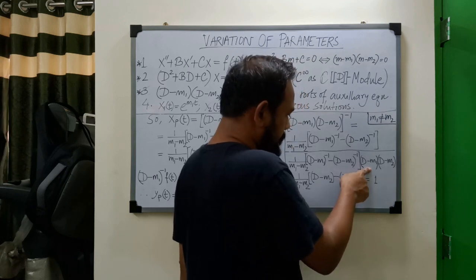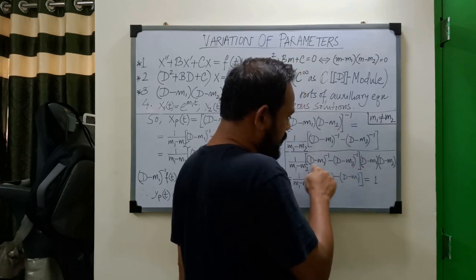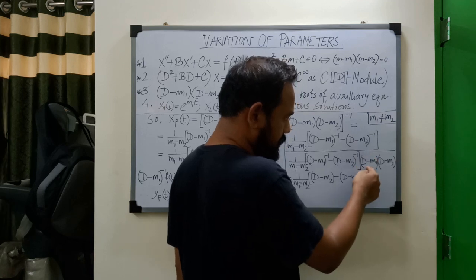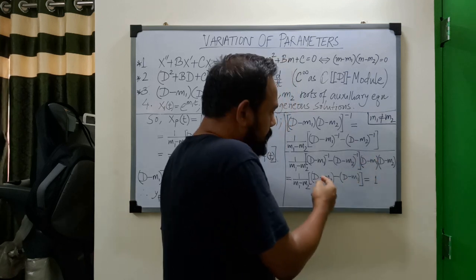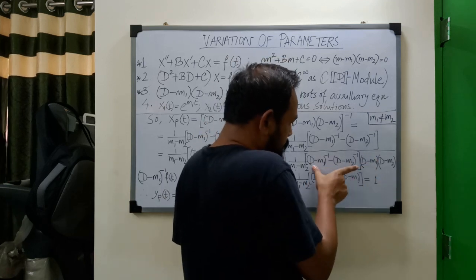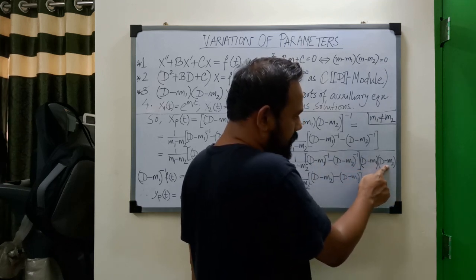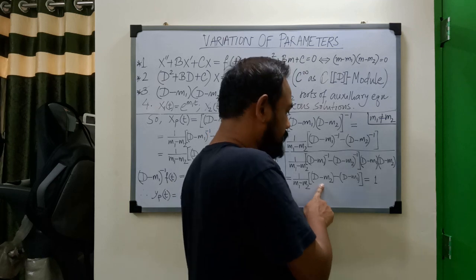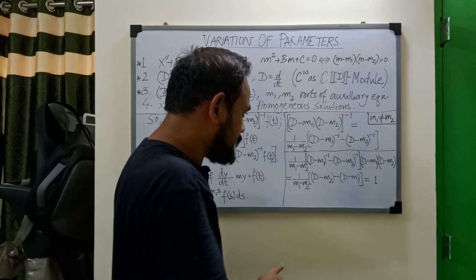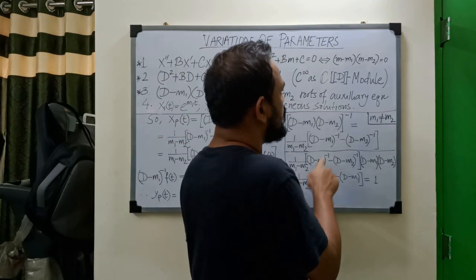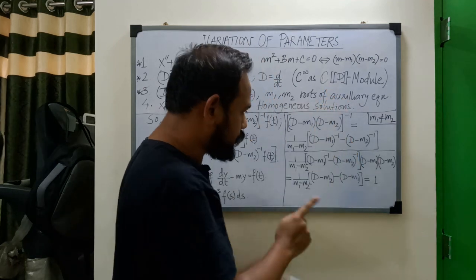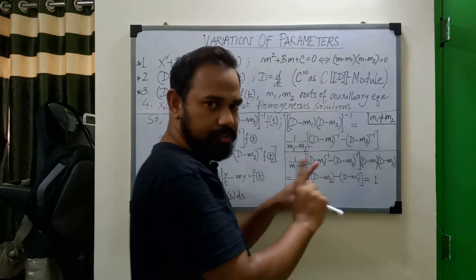This is the multiplicative inverse of this first element, which makes the whole thing 1. And that leaves you with this element d minus m2, which I can write down here. One important thing here is that we are also using the fact that this is a commutative ring. In other words, you can swap positions in a multiplication.